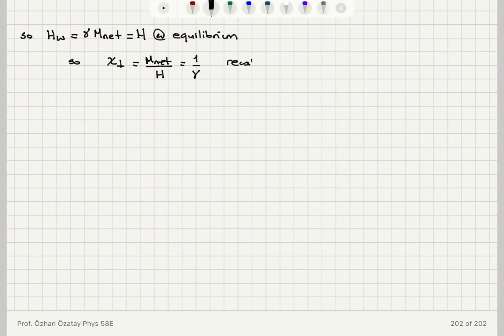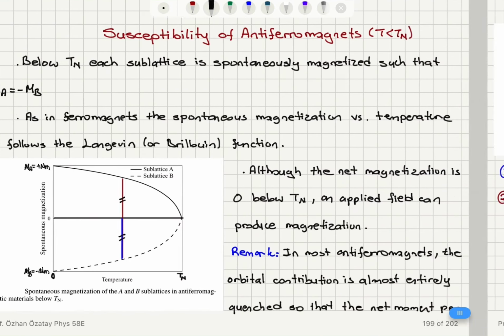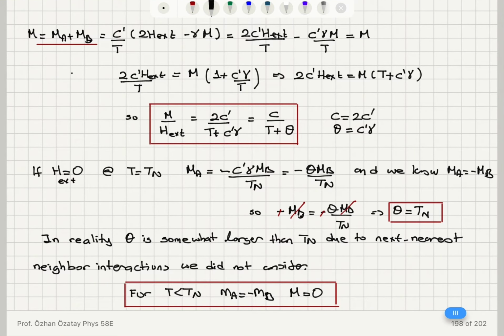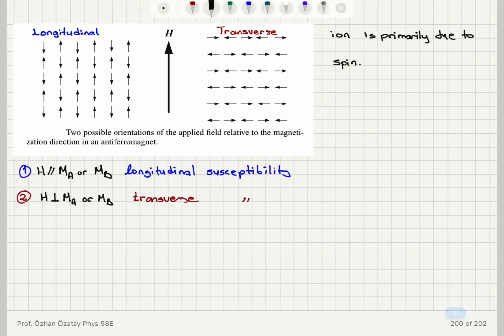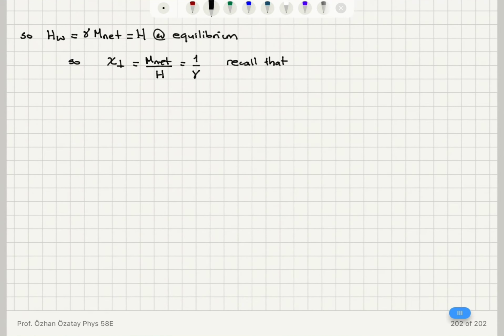Now, recall that from the molecular field theory of antiferromagnetism, we have a relationship here. Theta is equal to the Néel temperature, theta is C prime gamma, and C is 2C prime. So if we use these relationships, C prime gamma is equal to theta, C is equal to 2C prime.